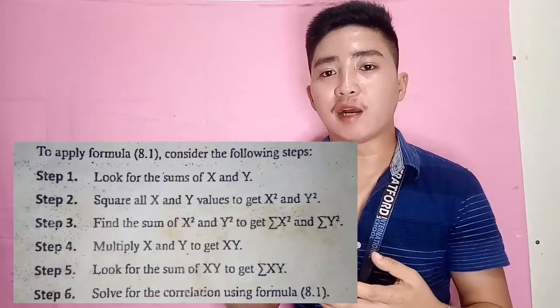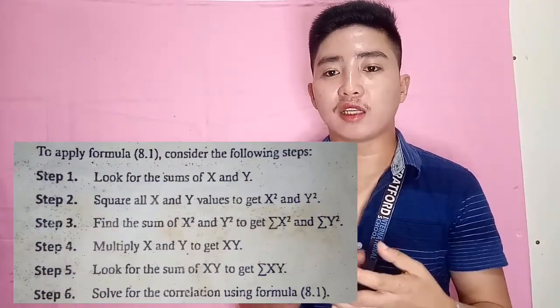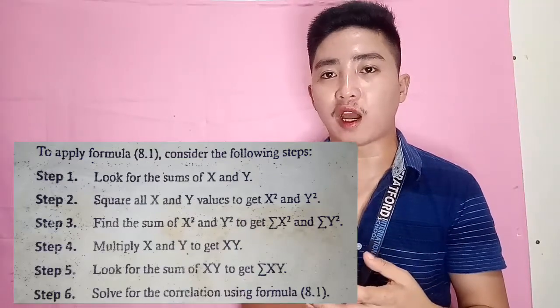Now we are done discussing the Pearson product moment correlation coefficient and its formula. Now let's proceed to the steps that we need to follow if we apply this formula. Step 1, look for the sums of x and y. Step 2, square all x and y values to get x squared and y squared.